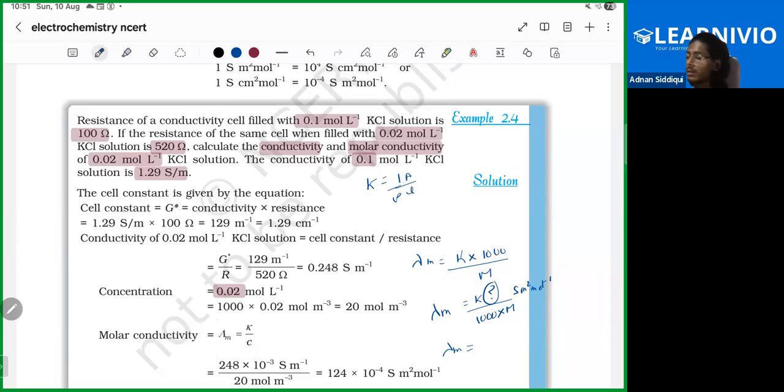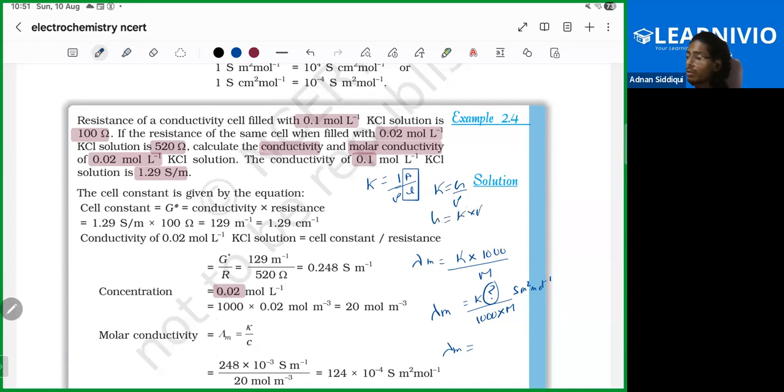Right, so what else you can do? I told you one more thing, that this is what? Nothing but cell constant G by rho. We can do this. So if you have to measure G, which is your cell constant, what you are going to do?